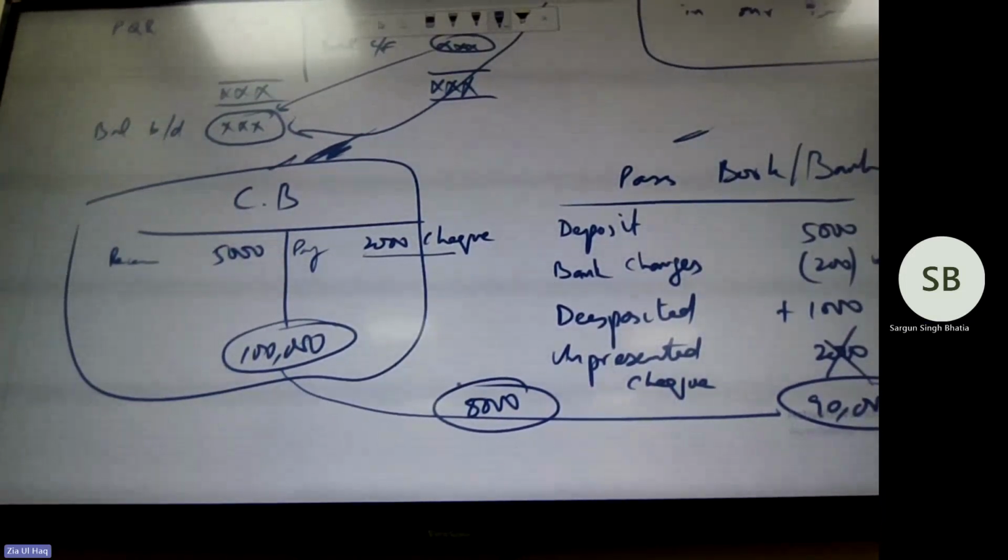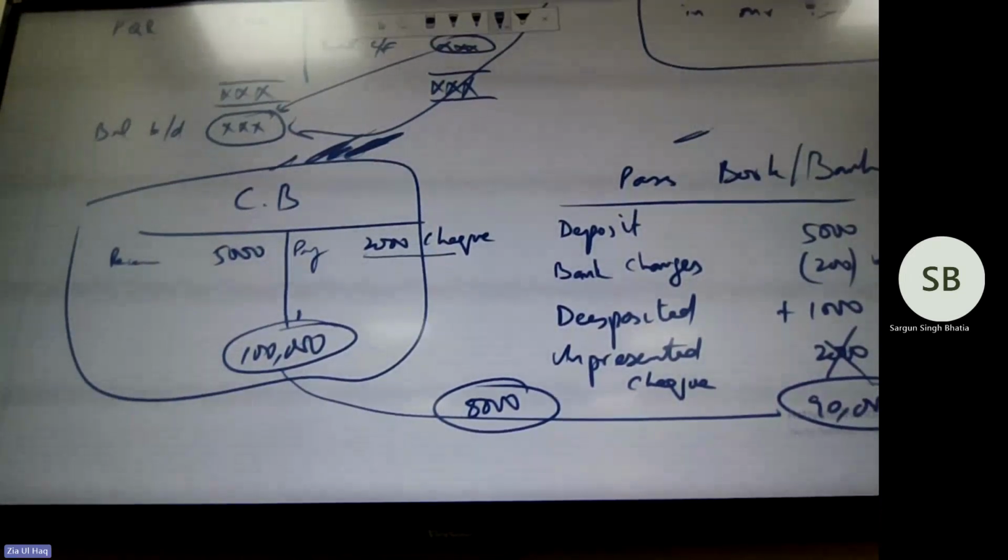Due to that, the check might become dishonored, might be returned by the bank, and the party will not be able to collect 98,000 from the bank. So that's why we need to make sure how much balance is in our book. It should be similar to the actual balance in the bank. For that purpose, we need to compare the cash book with the passbook. And comparing the cash book with the passbook is called bank reconciliation.